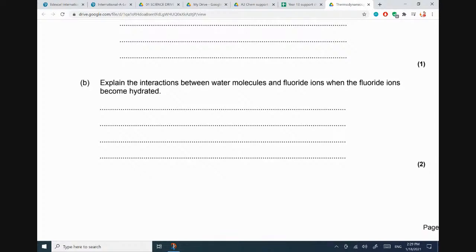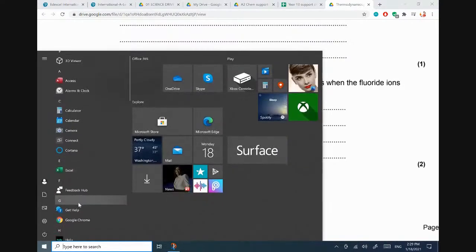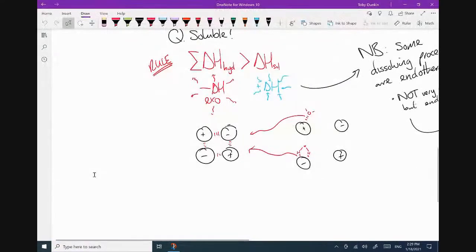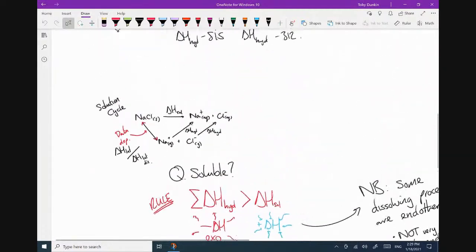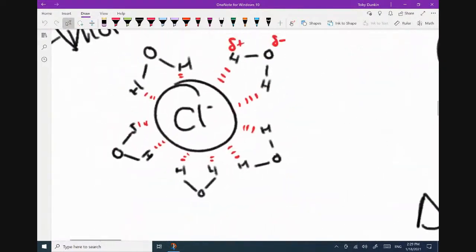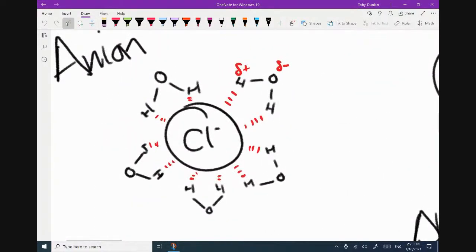Just don't forget your deltas. That is the most common mistake there, is that students will just forget the delta bit. But that is this one, but F minus in the center. You don't even have to draw the whole thing. You can actually just draw one molecule of water being attracted to it.